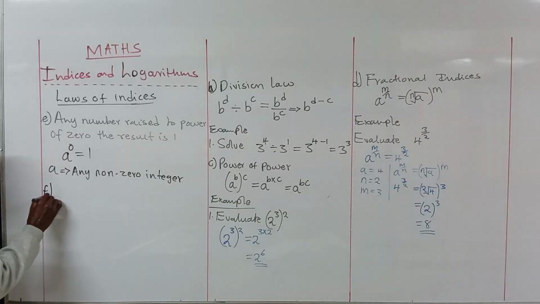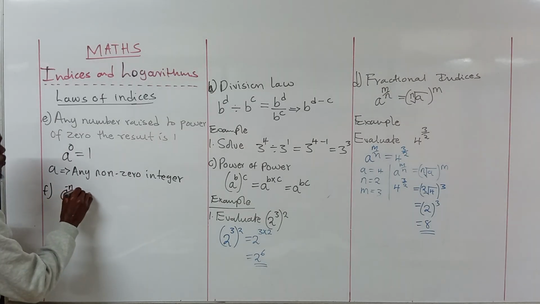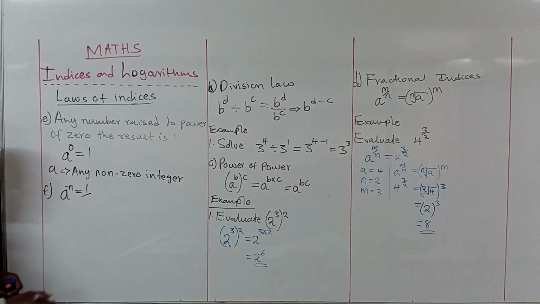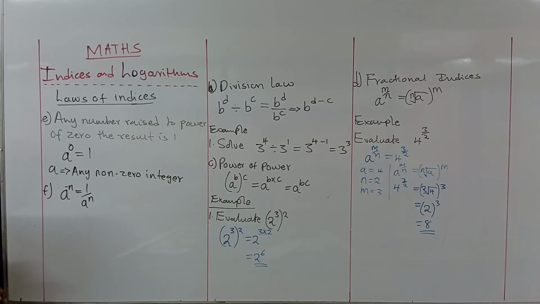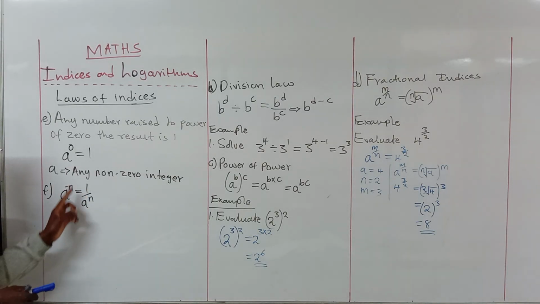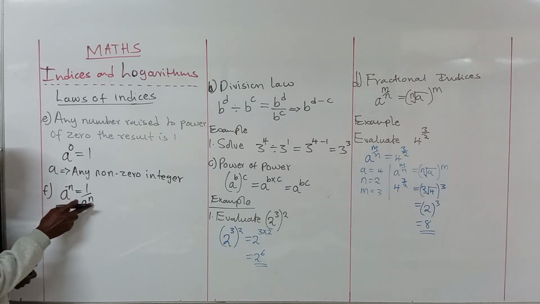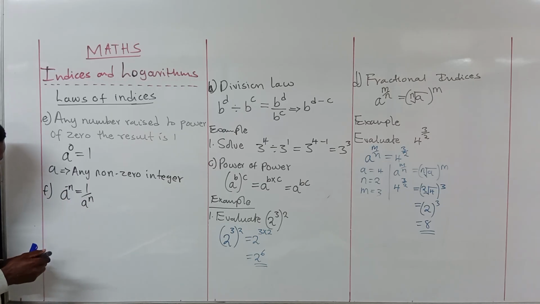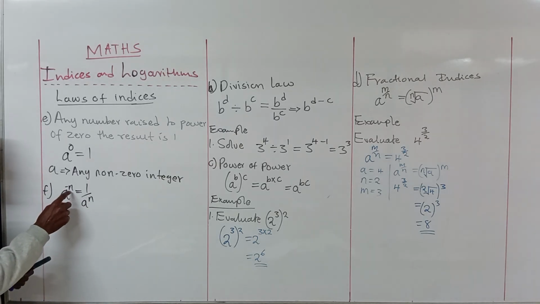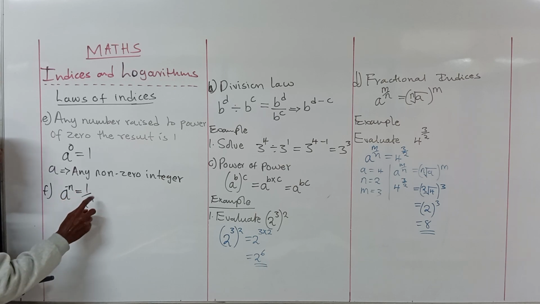Maybe the last part of it, part f, we have a number raised to negative n, which is going to give you the same as the reciprocal of the number. That is, a number raised to negative n is the same as 1 over a to the power n. So what we need to understand is this. There is the change of the signs. There is the change of these powers here. And that means that our number a raised to power negative n is the same as 1 divided by a power n.